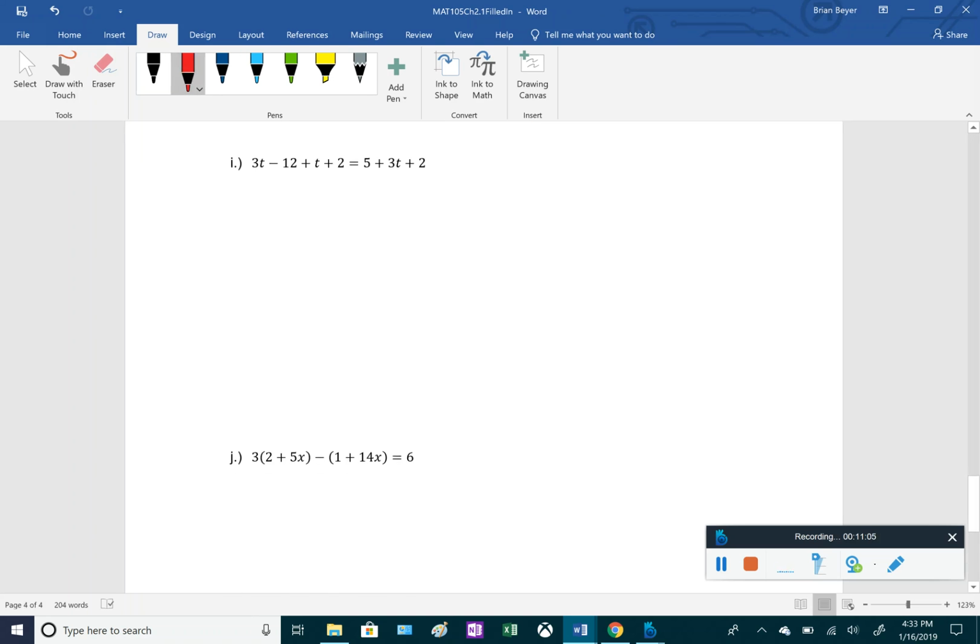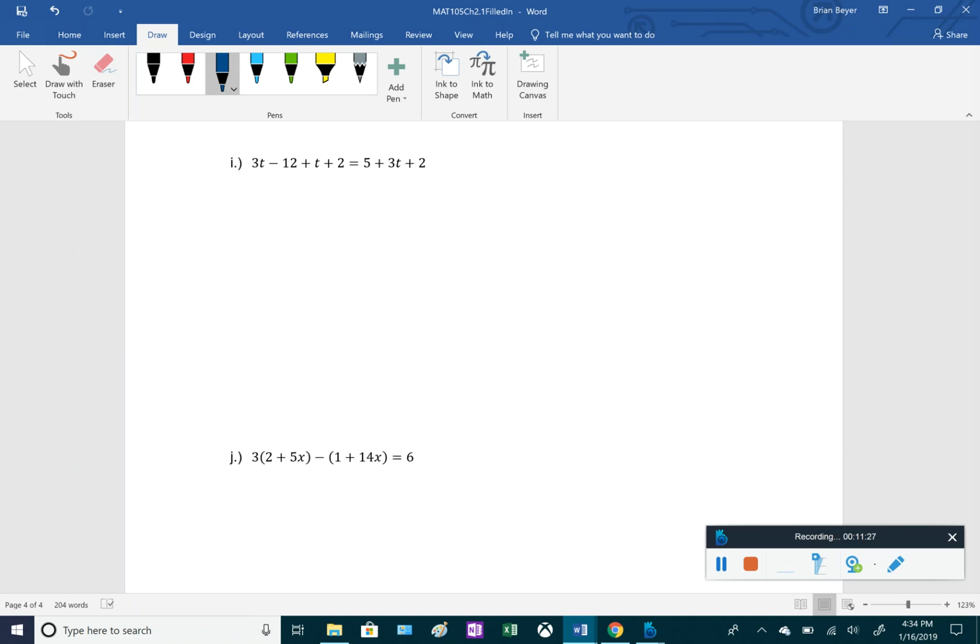Next one, a little bit more confusing here. So we have 3t minus 12 plus t plus 2 equals 5 plus 3t plus 2. So before we work with both sides of the equation, let's work with one side at a time and simplify it. So on the left-hand side, combine like terms.